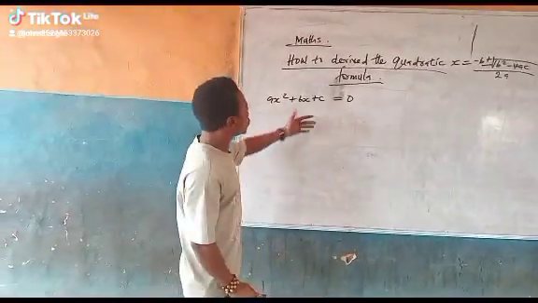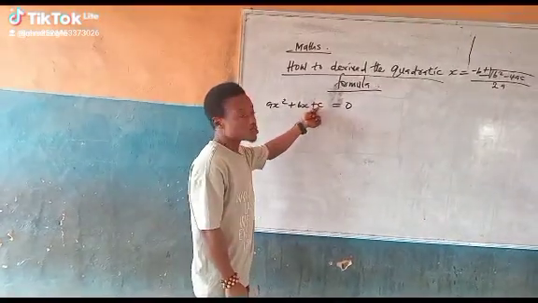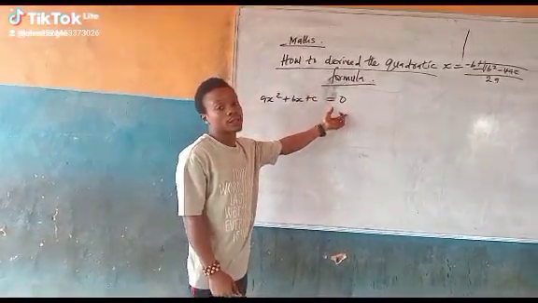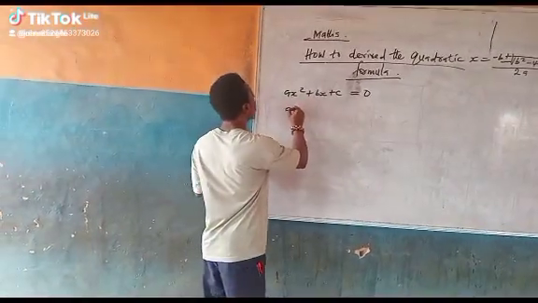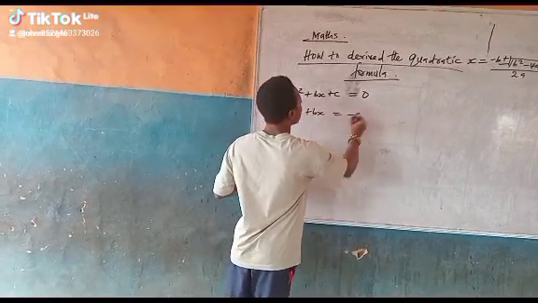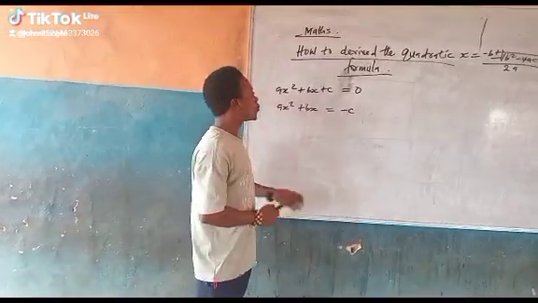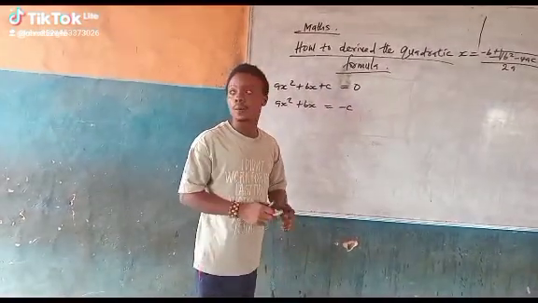The first step is to move the constant, that is plus c, to the right hand side. When it crosses to the right hand side it becomes minus c. So we'll have ax squared plus bx is equal to minus c.